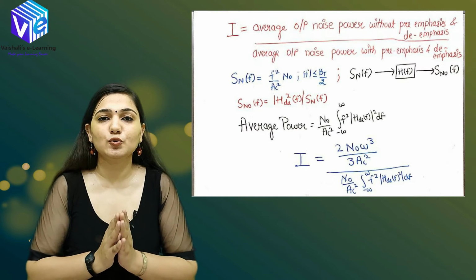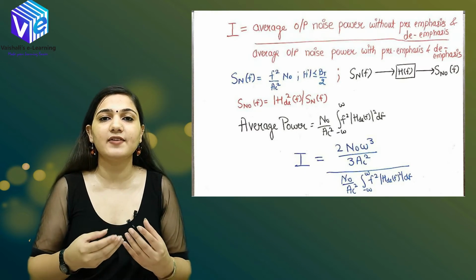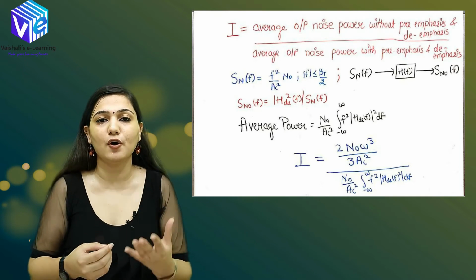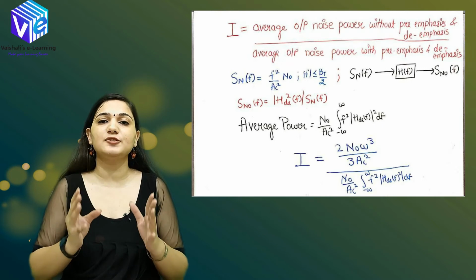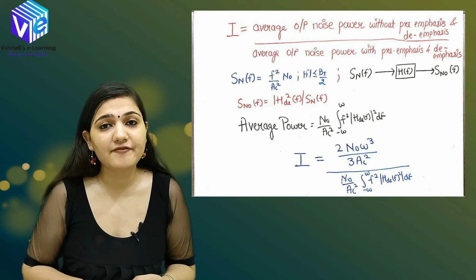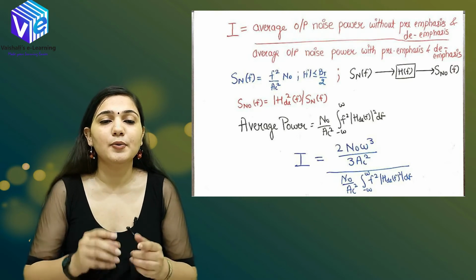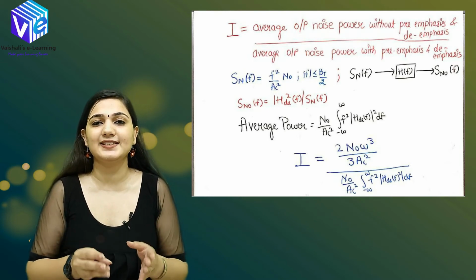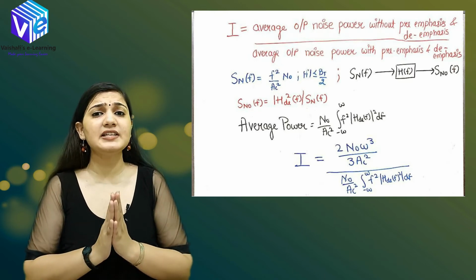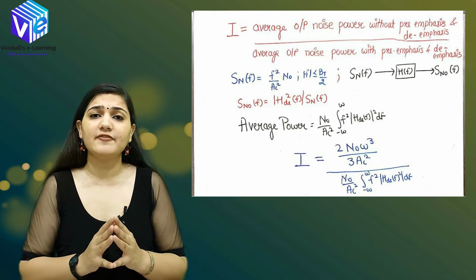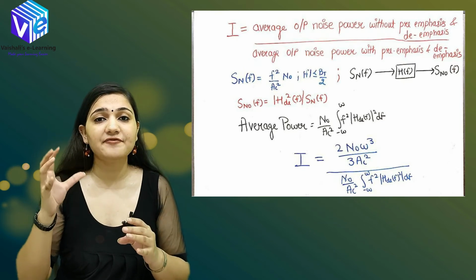Now coming to the improvement factor. The improvement factor is defined as the average power of the noise without pre-emphasis and de-emphasis upon the average power of the noise with pre-emphasis and de-emphasis. Now with pre-emphasis and de-emphasis, what would be the change in the output noise power? In the output noise power, I'll have an extra filter, the de-emphasis circuit.